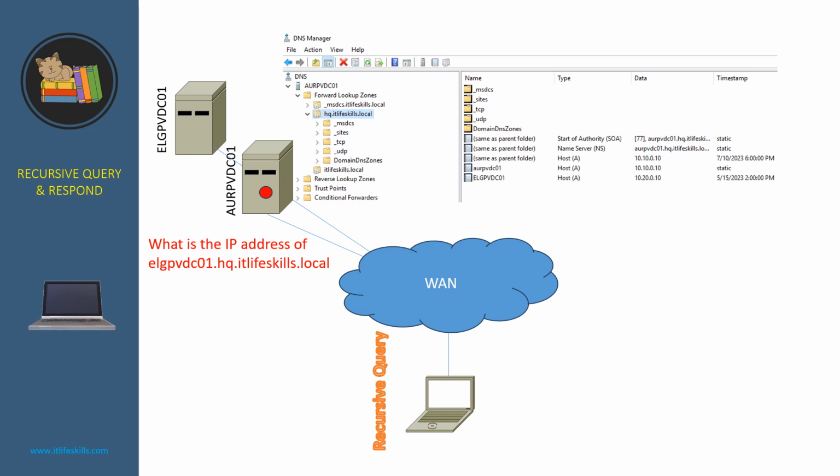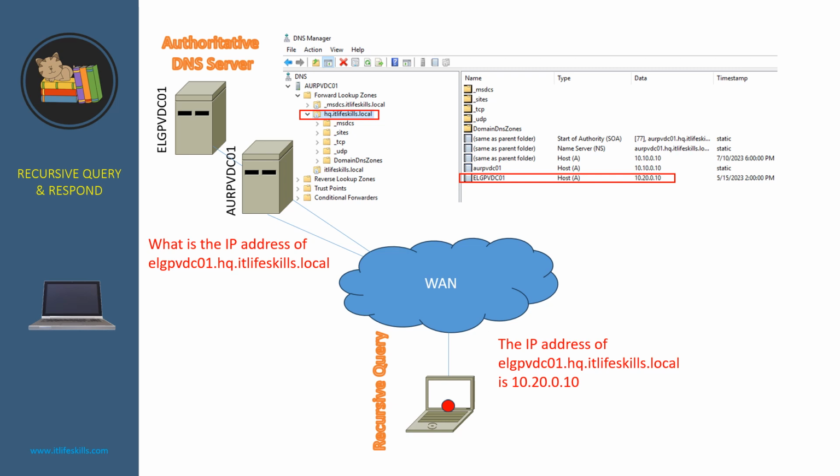The DNS server, our PVDC01, checks in its forward lookup zone and finds the domain name hq.itlifeskills.local, and it finds the records for PVDC01, so it knows that it is the authoritative DNS server of the domain hq.itlifeskills.local, and it responds to the query with the answer.